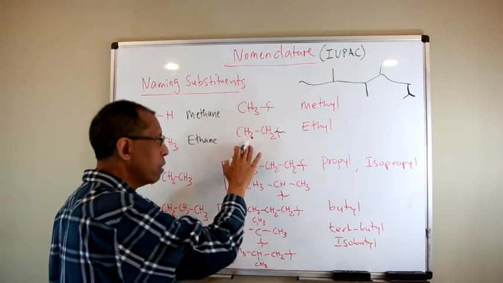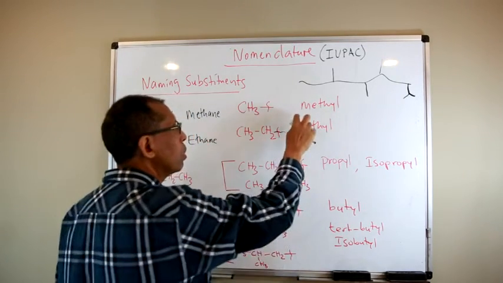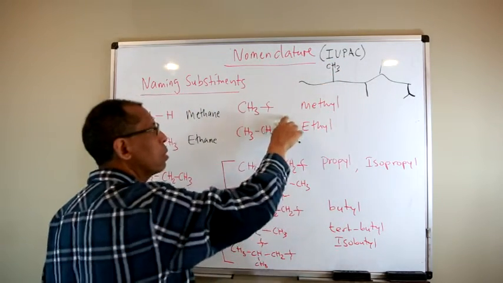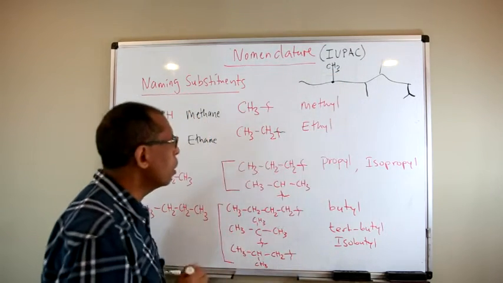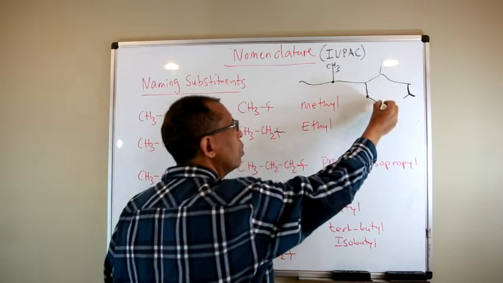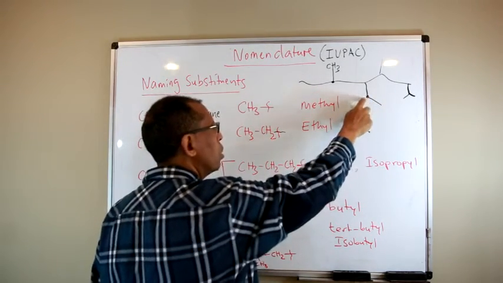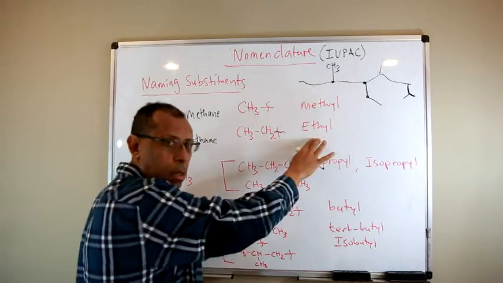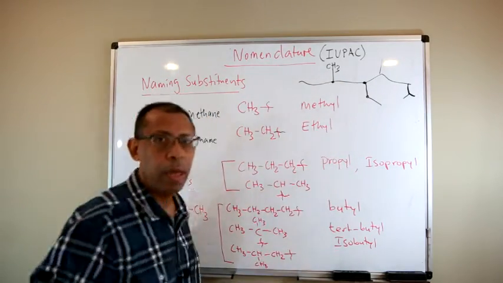So it serves as a substituent, and it's called an ethyl substituent. Just as a CH3 attached to a carbon is a methyl substituent, CH3, CH2 bonded through the carbon is named ethyl. You don't call it ethane as a substituent. As a substituent, it is an ethyl group.